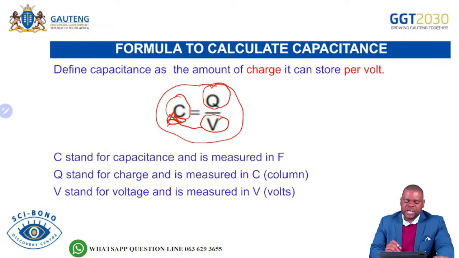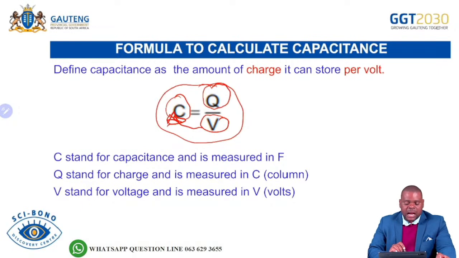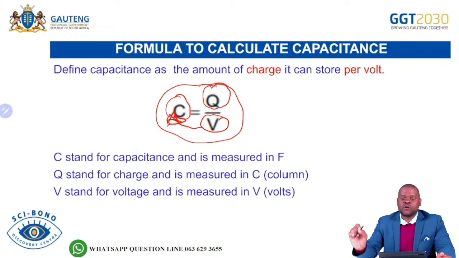That means capacitance and voltage are inversely proportional to each other, but capacitance and charge are directly proportional, meaning that by increasing capacitance, you'll be increasing the charge on the capacitor. Are we together, grade 12s?